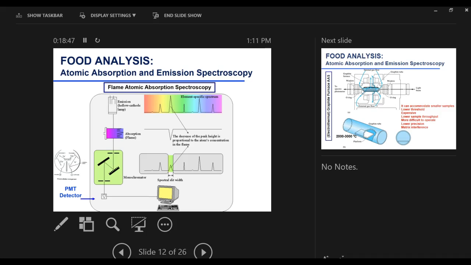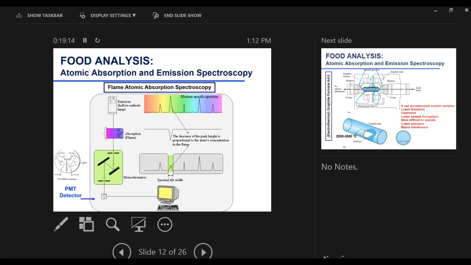So here's another animation to show you that the transmitted light goes into the detector. You have a monochromator where you select the wavelength at which you want to measure absorption. Because the light coming off from the lamp has absorption at different wavelengths, you have a spectra.